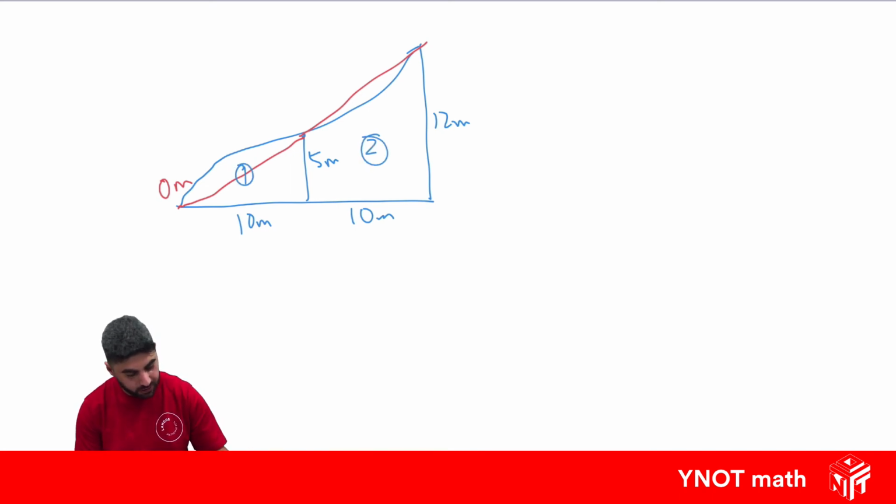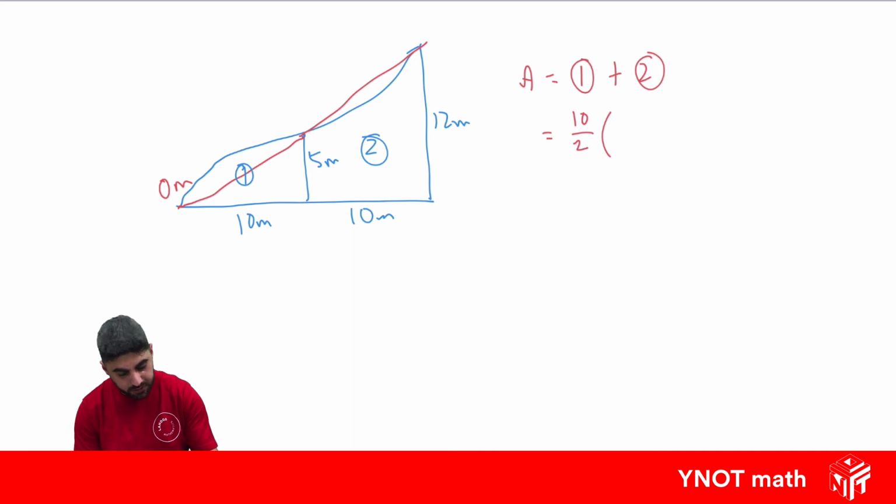And that's going to be really handy for us when we go to do our calculations. So again, we're still going to go with our area being 1 plus 2. The height of this first one is 10 over 2. The first distance is 0 plus the last distance is 5, plus the height of the second trapezium is also 10 over 2, and the distance of the first one is 5 plus the distance of the last one, which is 12.